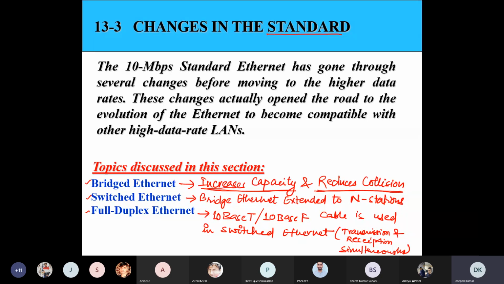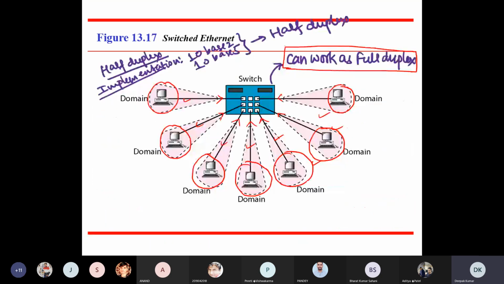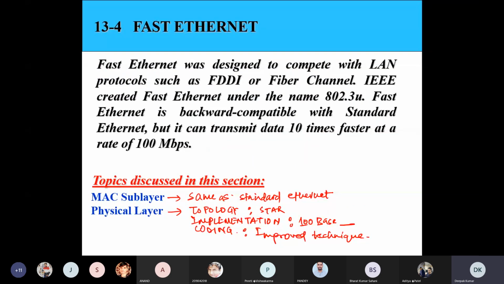Further improvement in the data rate can also be achieved by some other techniques, and those techniques are basically some improvement in the MAC layer and some improvement in the physical layer. The MAC layer generally does not require any change to improve the data rate. In general, only a change in the physical layer can improve the data rate.